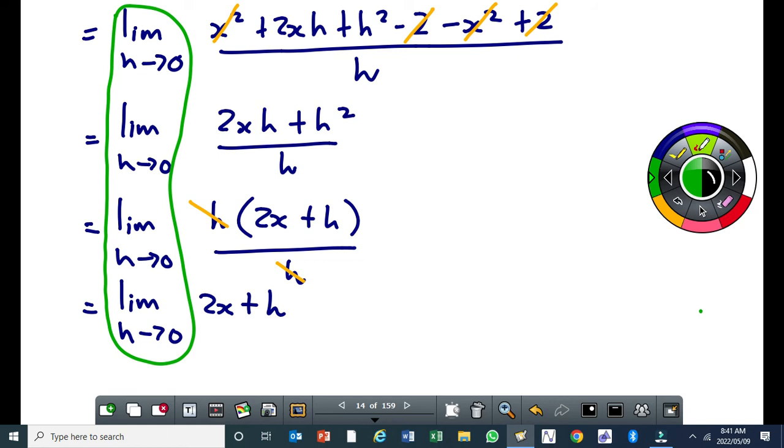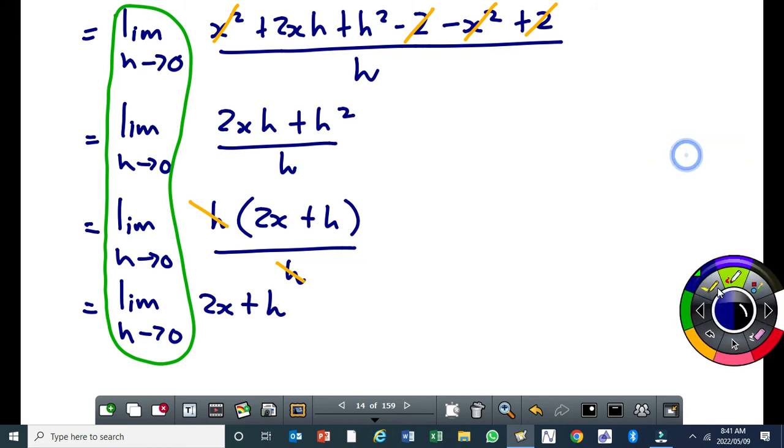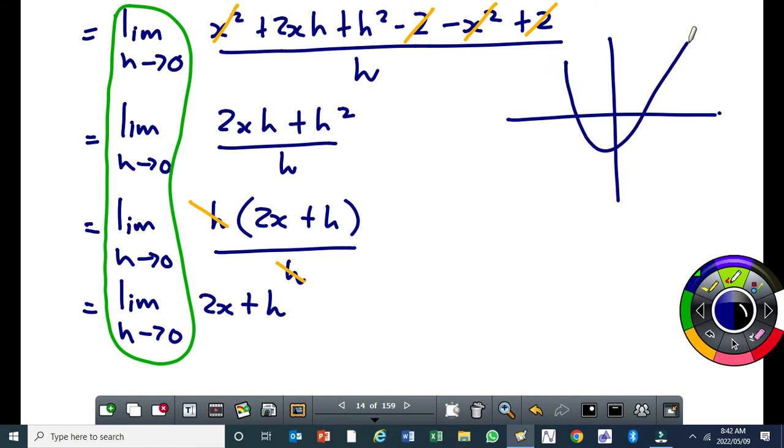So what this means is, at that specific point, the gradient between 2 points on that function is going to be 2x plus h. At this stage, don't worry about what h is. But if h is equal to 0, it means we are now talking about a specific point. Remember what I said on Saturday, that if you have your function, let's say it's quadratic, and you have a point somewhere there, let's call this point x1.